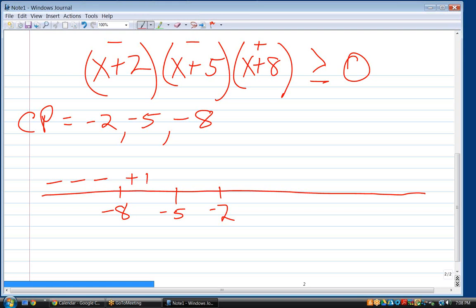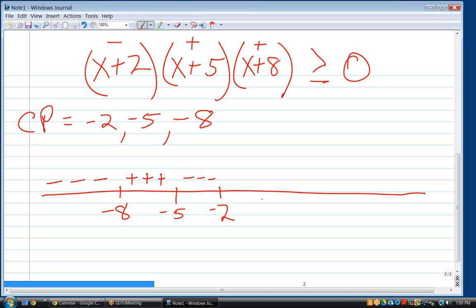So everything in this region is positive. Pick a number between -2 and -5. -3. Okay. Makes this one negative, makes this one positive, and this one positive. What's the product of these three? Positive or negative? Negative. Okay.